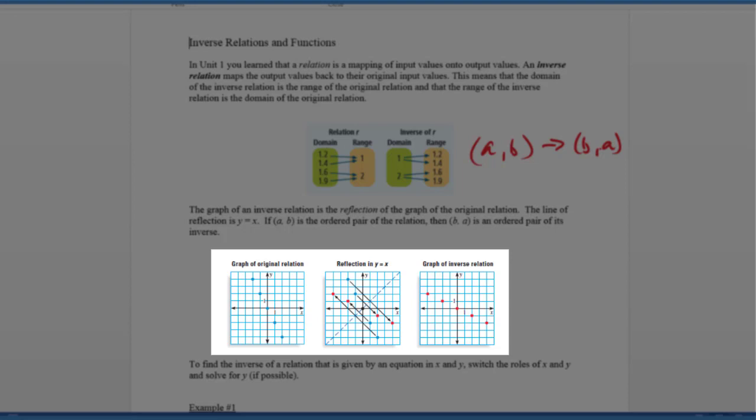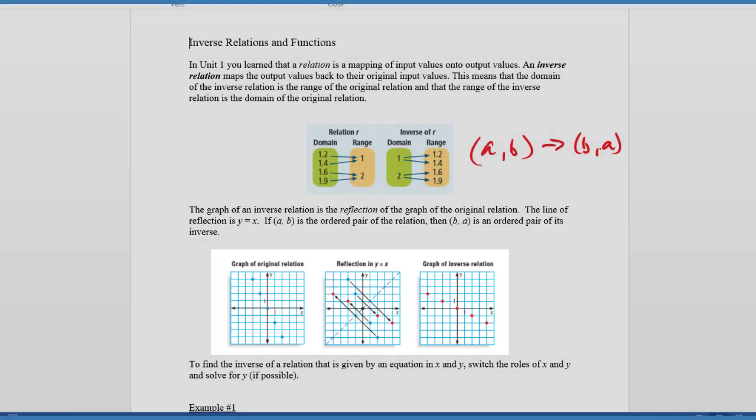If it reflects perfectly over y = x, then we know we're dealing with an inverse relation. That is a good start in understanding where an inverse comes from. We'll talk about how it relates back to all the other functions we've dealt with, and we'll pick those up as we go.